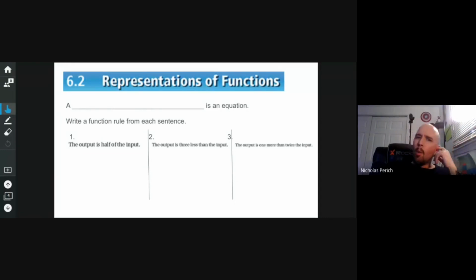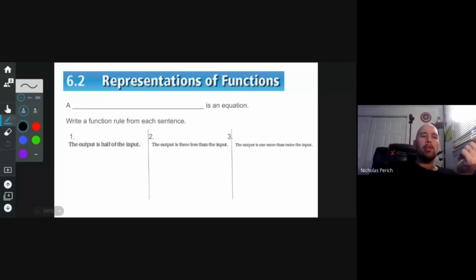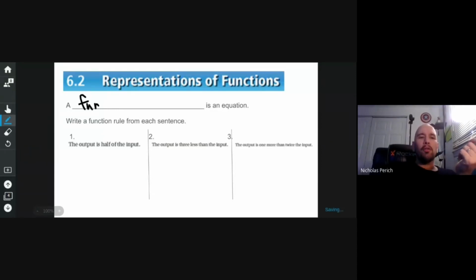Magic. So, a function rule is an equation. When you hear the word rule, you're like, oh man, that's what my parents tell me I have to do, and it's the set of laws that I have to follow because I'm a kid and my parents are making me do stuff. No. A function rule is just an equation.